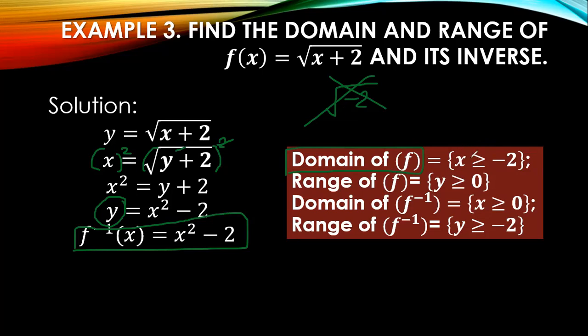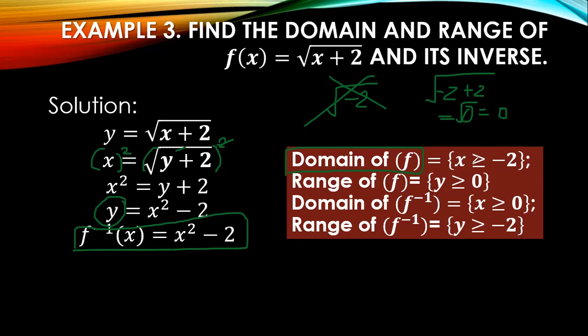So, this is how we write it. X must be greater than or equal to negative 2. So, try natin. Pag negative 2 yung sinubstitute ko kay x, so that will be square root of negative 2 plus 2, and that will equate to 0. Square root of 0 is still 0. How about pag sinubstitute ko ay mas mababa sa negative 2?